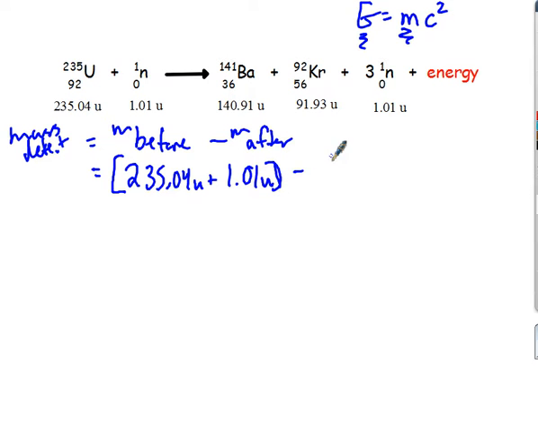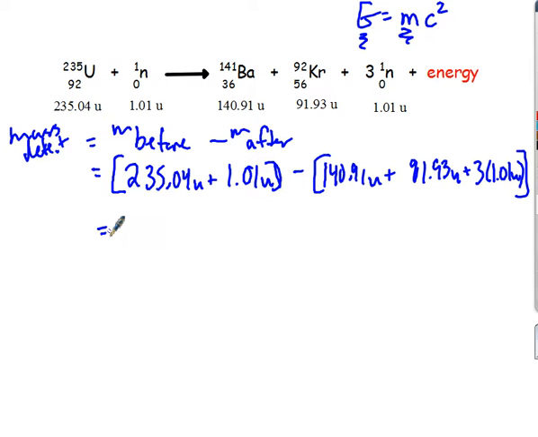And then after, I have my barium, krypton, and I have 3 neutrons. So that gives me a difference of 0.18 atomic mass units.